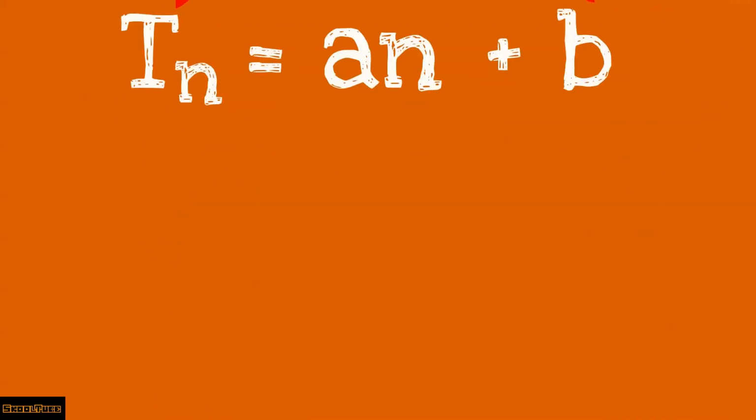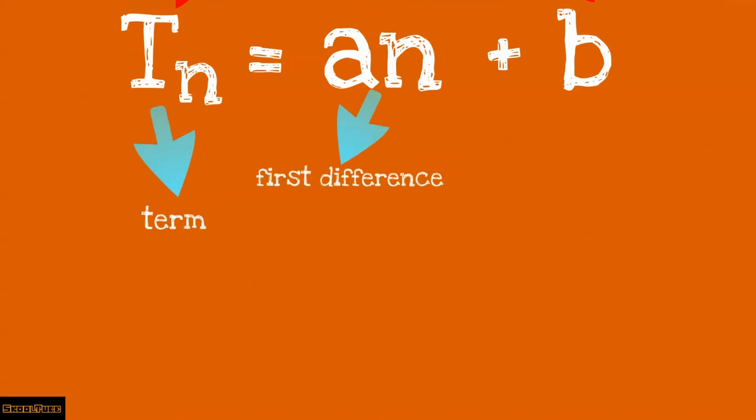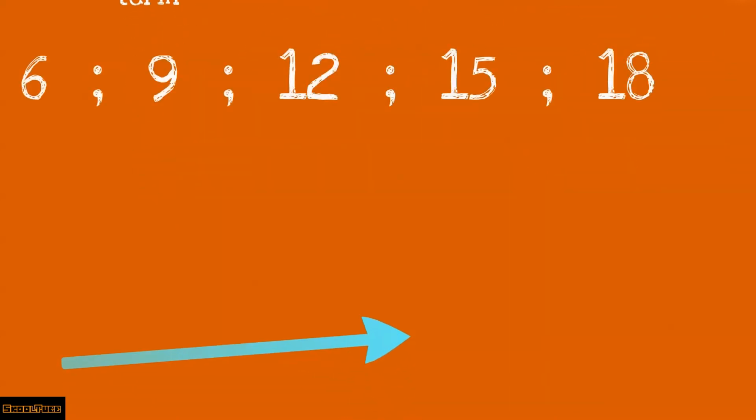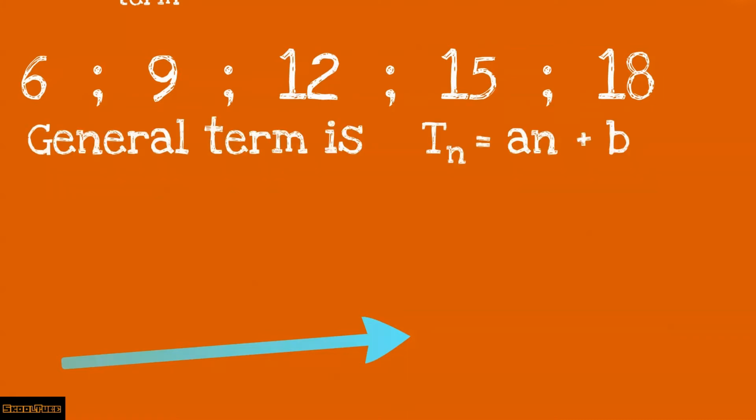Now in a linear equation, we use the general formula Tn is equal to an plus b, whereby Tn is the term, a is the first difference, and b is the unknown. Now, in our sequence 6, 9, 12, 15, and 18, we are going to use the general term Tn is equal to an plus b in order to find our rule, right?